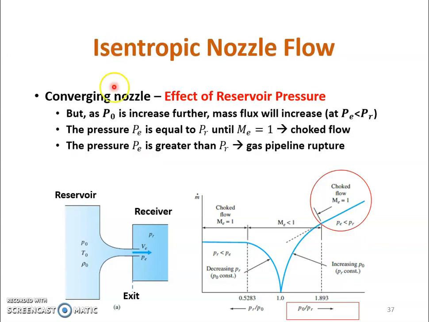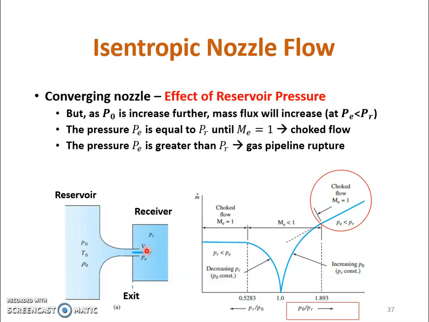But if we increase the P naught further, we can expect an increase in terms of the mass flux, even though it's already choked, because at this time the P exit is actually less than the PR. So you can expect an increase in terms of pressure, because we know the air is very light. If you go to the textbook, it says that it can turn sharply.